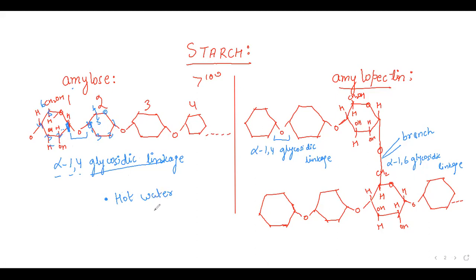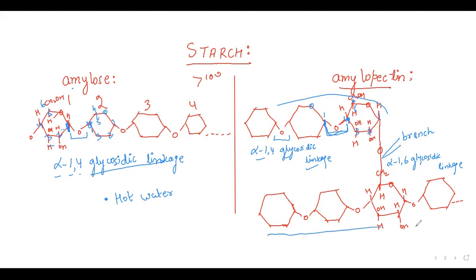Now, coming to amylopectin, if you see this structure, it is similar to amylose. We'll have carbon 1, carbon 2, carbon 3, carbon 4, carbon 5 and 6. This carbon 4 and carbon number 1 will lose a molecule of water, and that is why this linkage is alpha 1,4 glycosidic linkage.